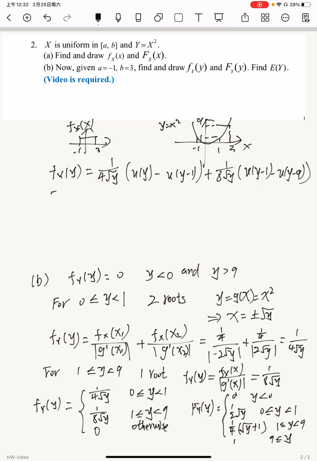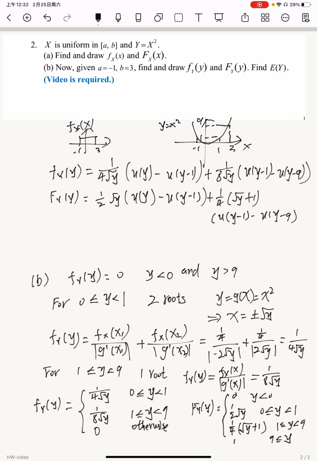And for capital F_Y, we can write it as u(y) minus u(y minus 1) times root y over 2, plus 1/4 times root y plus 1, multiplied by u(y minus 1) minus u(y minus 9).